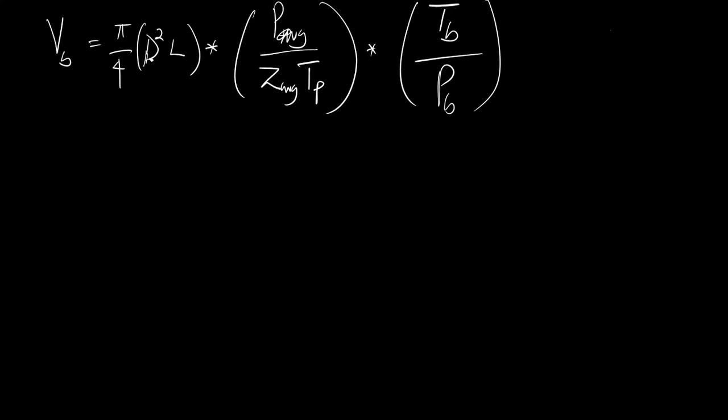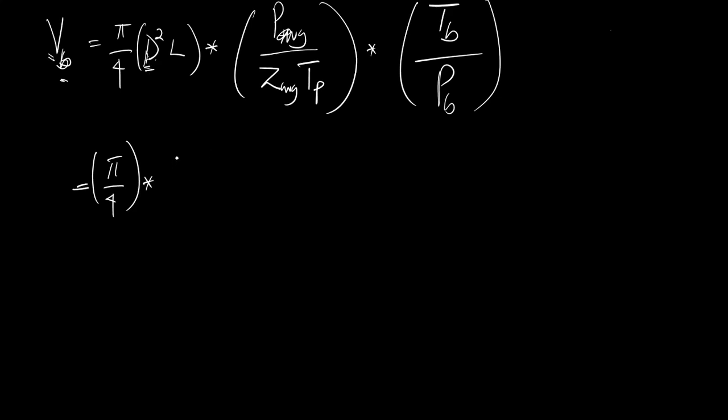Now we are here now. Let's now solve for VB, and the VB should be in feet cube. The value of VB should be in feet cube. So for us to solve this, we say this is equal to pi all over 4 times the diameter of the pipe, which is in inches.